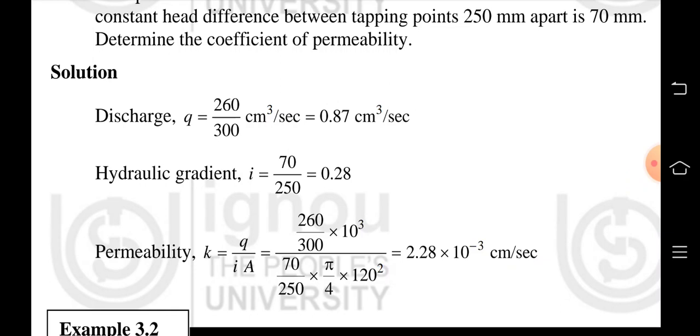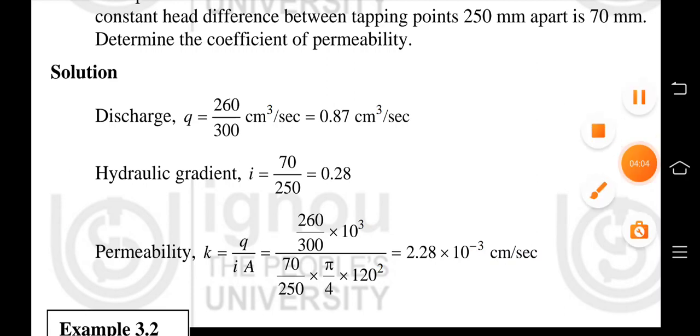So Q is 260 upon 300 into 10 raised to 3, because we want it in centimeter per second, upon i, that is 70 into 250 into pi by 4 into 120 square, that is area. So we get the permeability as 2.28 into 10 raised to minus 3 centimeter per second.